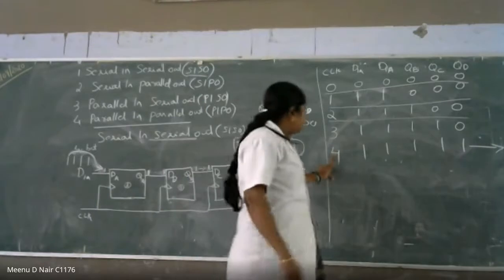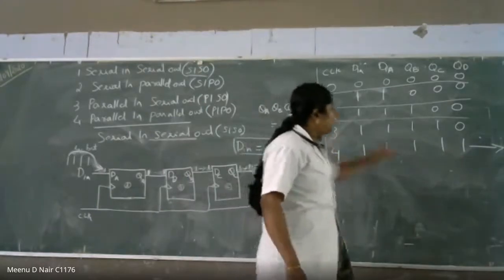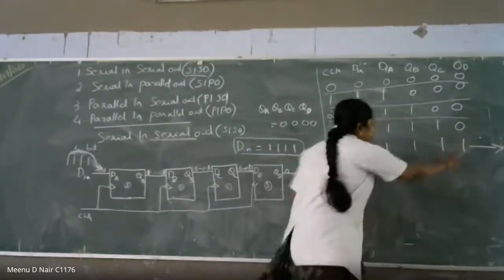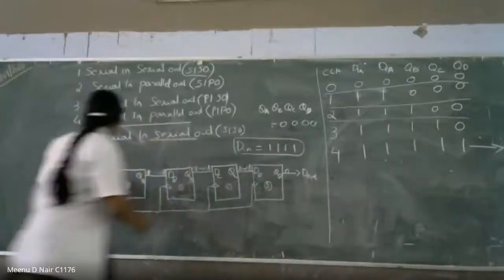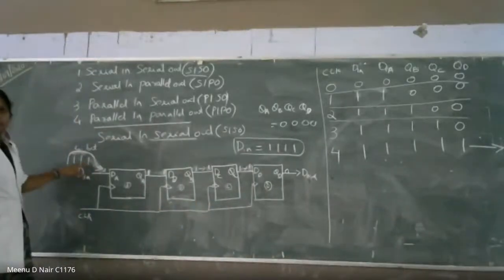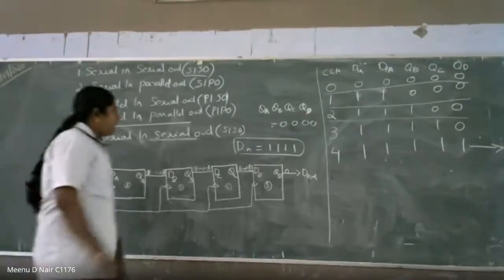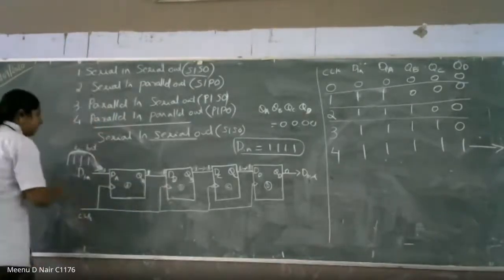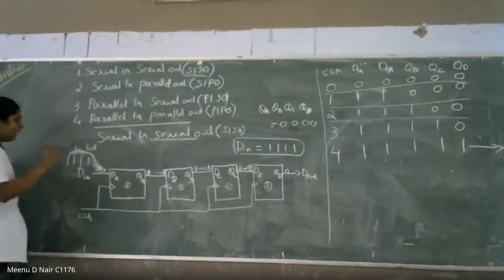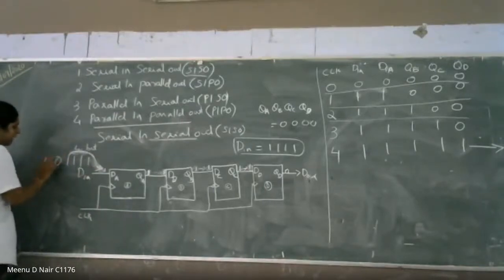So at the time of the fourth clock pulse, you are outputting the first one. This one was the first one. Now again it can be 0 0, because it can be anything. We are considering giving 0 0 0, right?